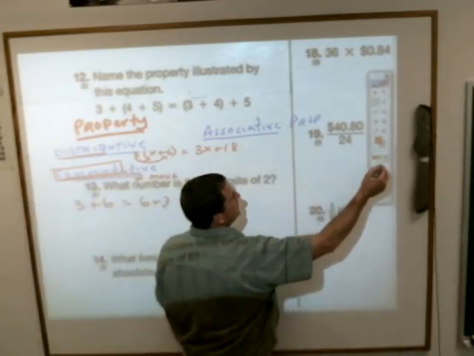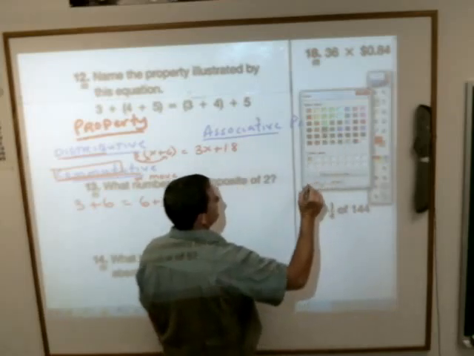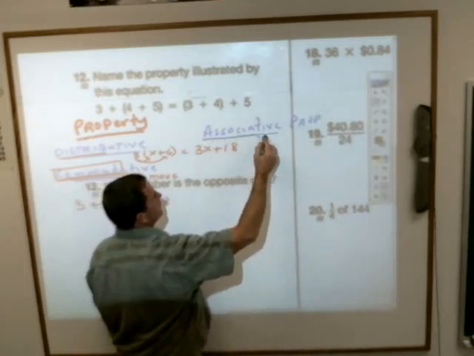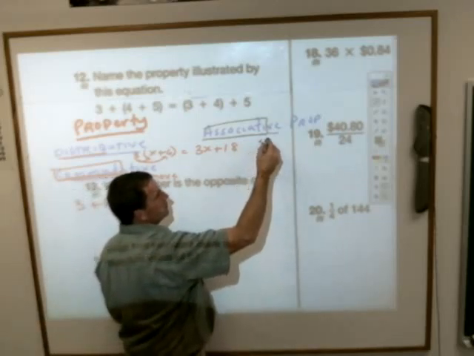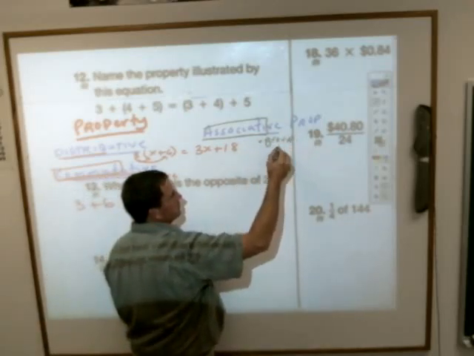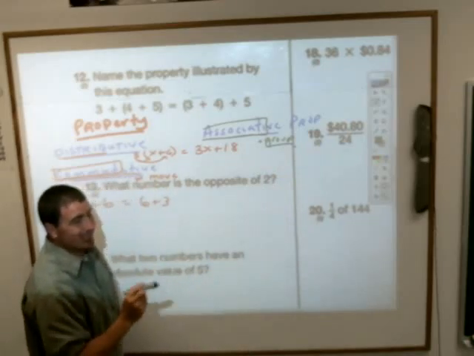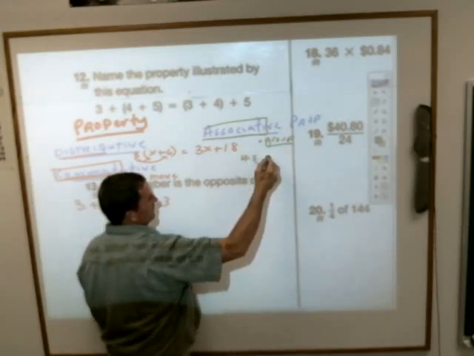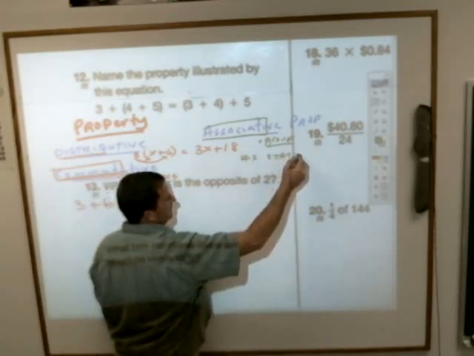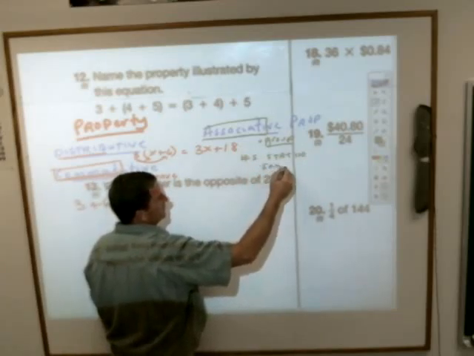With the associative property, children, that comes from the word associate, which should mean which ones do you group together? Who do you associate with? Who do you group together? In the associative property, the numbers stay in the same order.